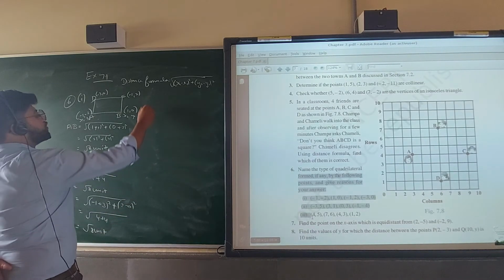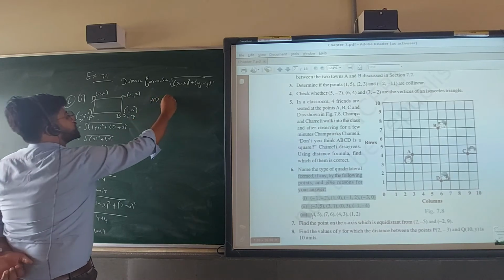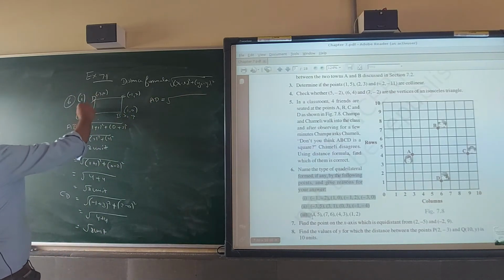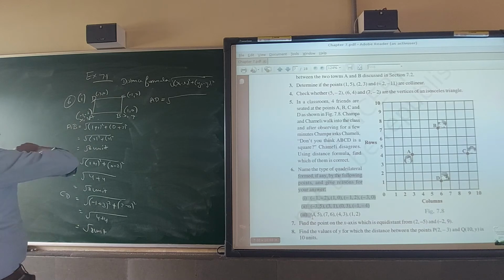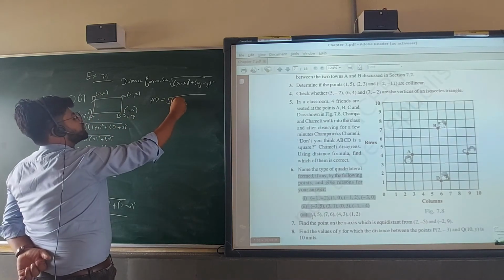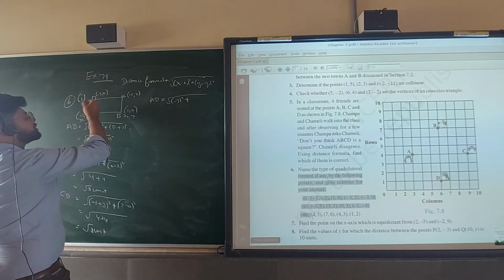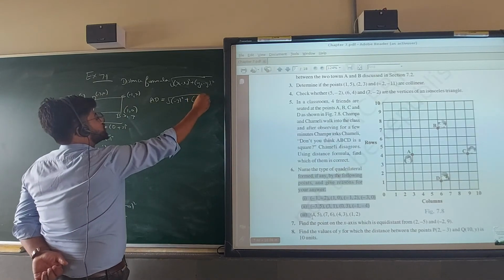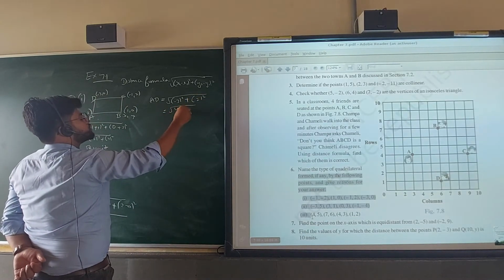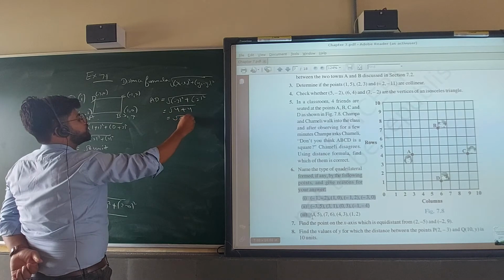And I will find AD also. Here -3 plus 1, then -2 square and 0 minus -2 will be +2, it will be 4 plus 4, it is also root 8 unit.